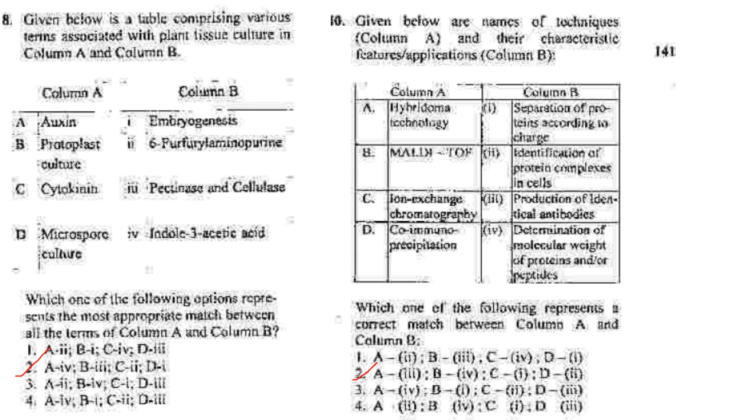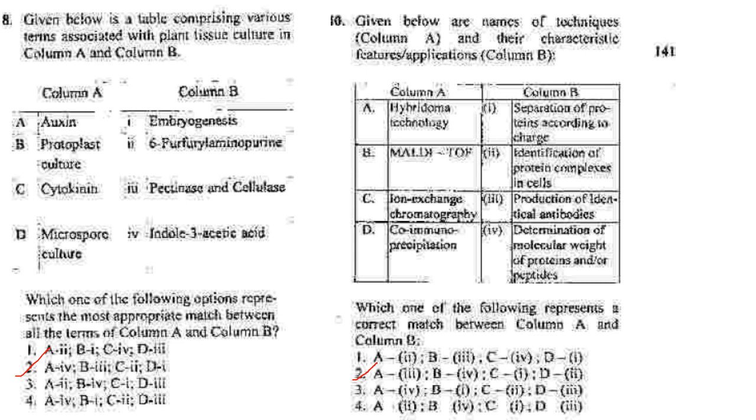Auxin is indole 3-acetic acid, A4. Protoplast culture requires pectinase and cellulase, so B3. Cytokinin is 6-furfuryl aminopurine, C2. And microspore culture is embryogenesis, D1.